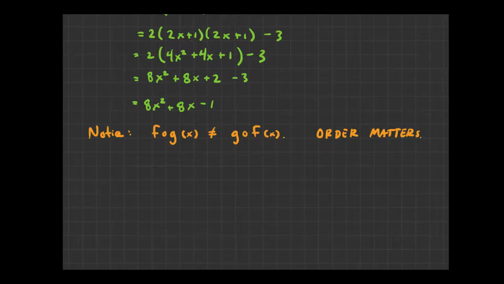So another way of saying that order matters, by the way, is saying that the composition of functions is non-commutative.